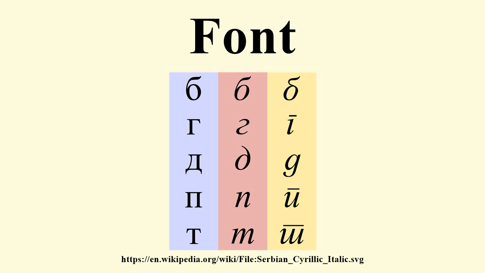Attempts to systematize a range of weights led to a numerical classification first used by Adrian Frutiger with the Univers typeface. 35 extra light, 45 light, 55 medium or regular, 65 bold, 75 extra bold, 85 extra bold, 95 ultra bold or black.